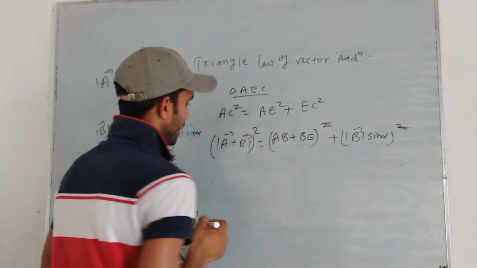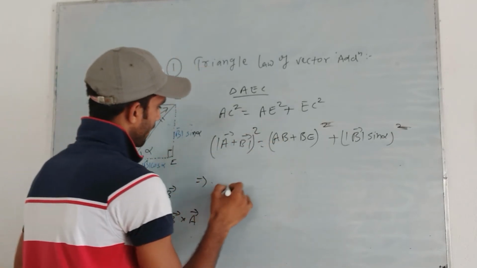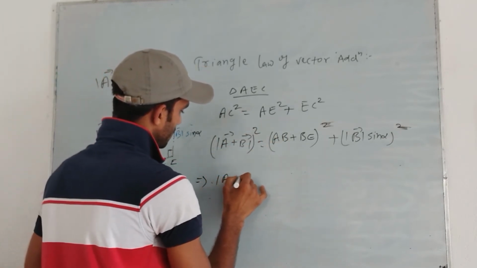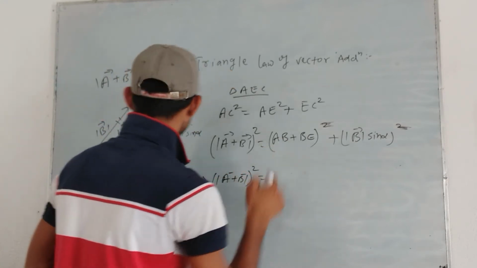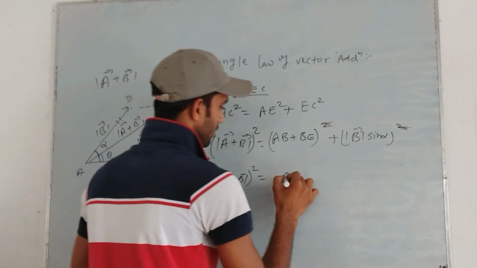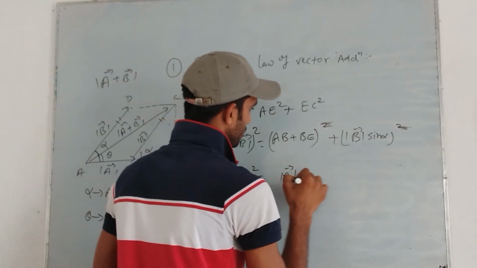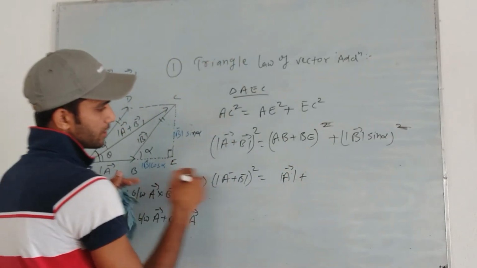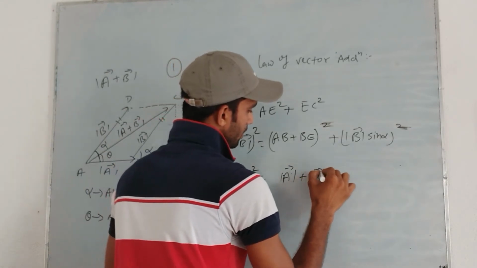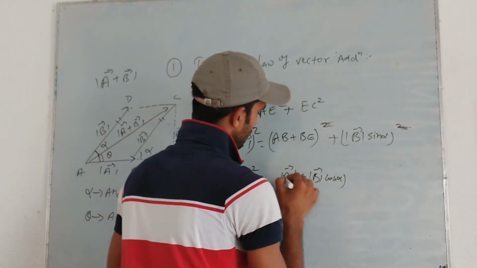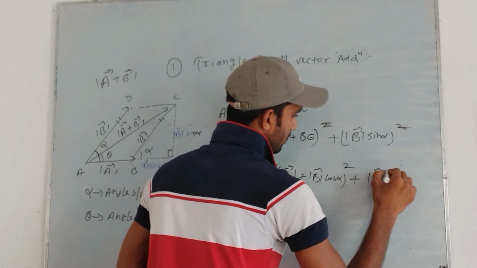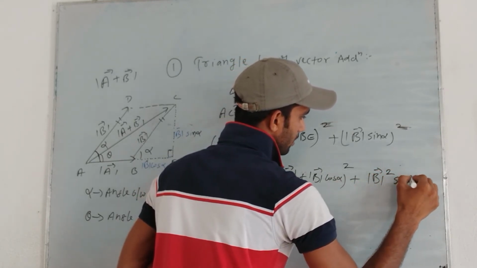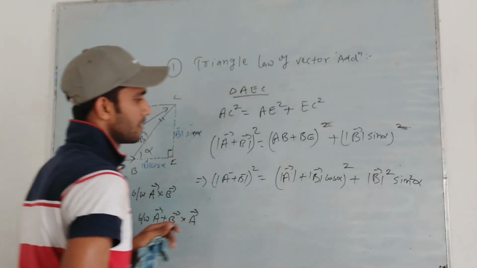And this is the magnitude of A plus B whole square is equal to, what is the value of AB? AB is A, magnitude of A, plus what is BE? BE is B cos alpha, magnitude of B cos alpha whole square, plus magnitude of B whole square sine square alpha, right?